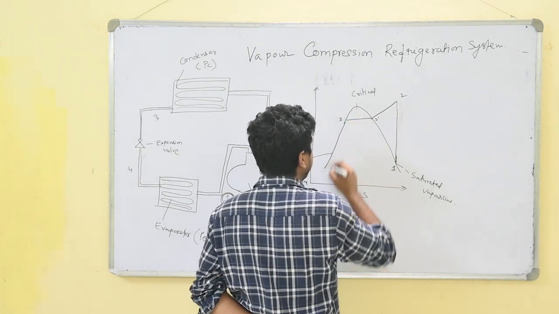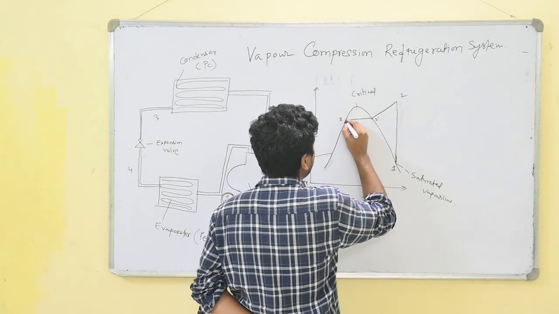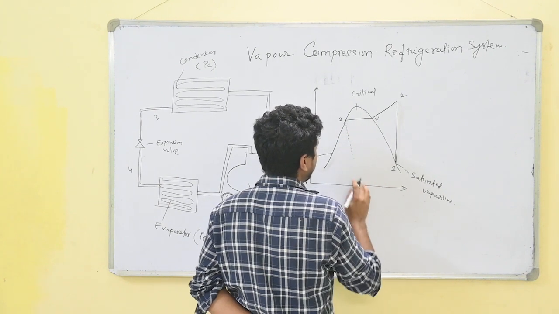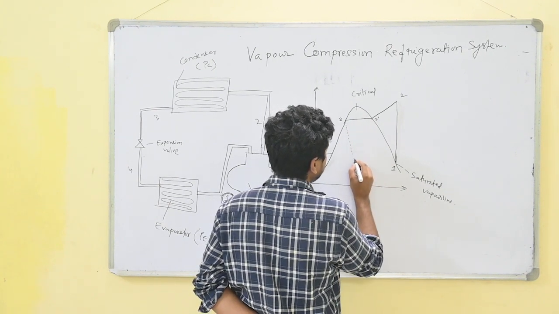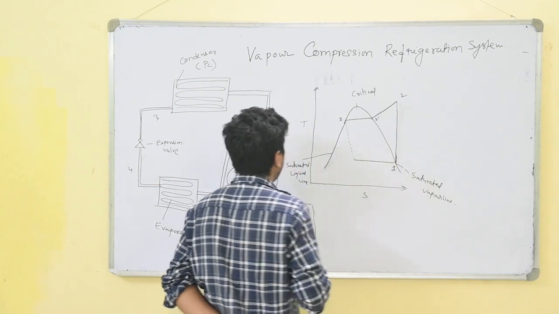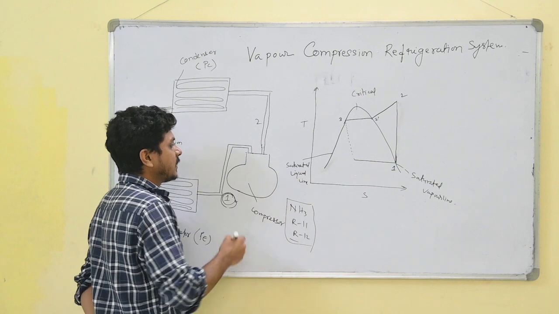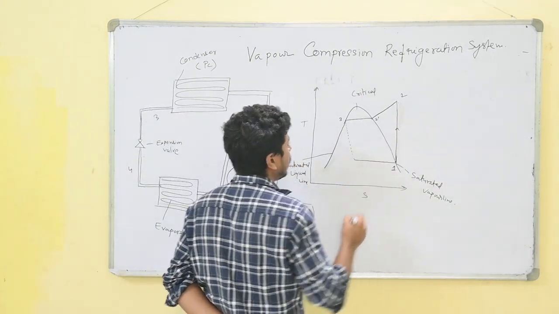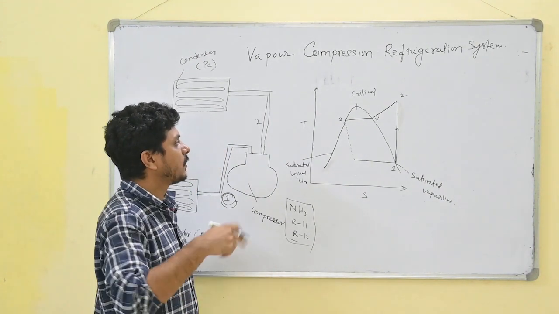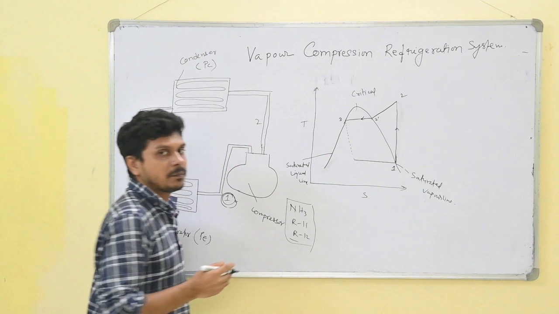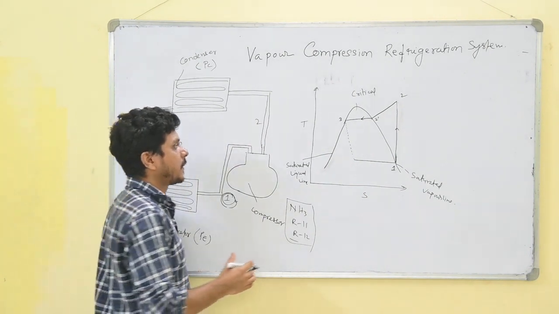And in the TS diagram, it shows like that, but the entropy is increasing. The whole process is shown in an anti-clockwise direction because the whole system is a power consuming device.